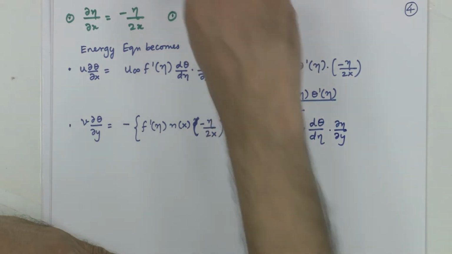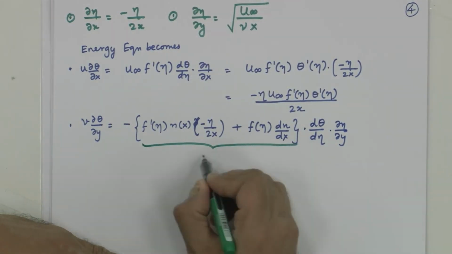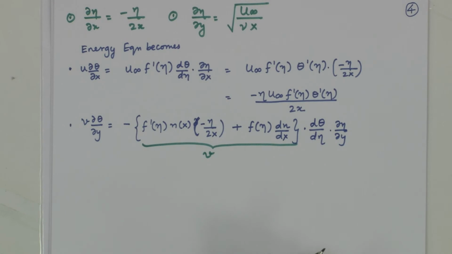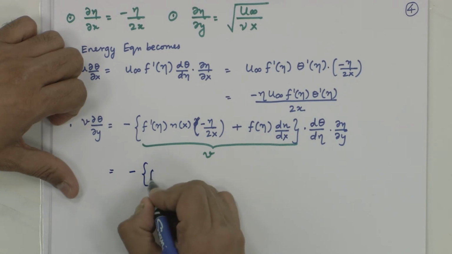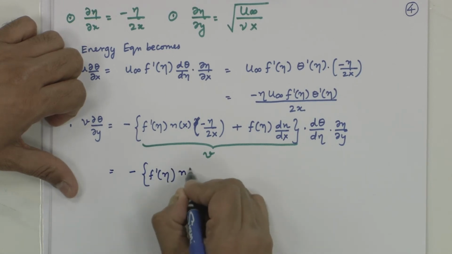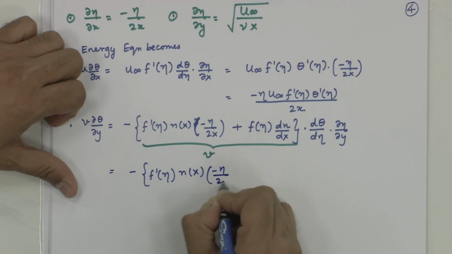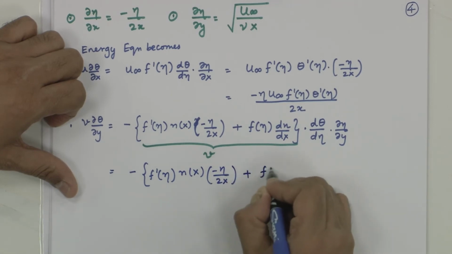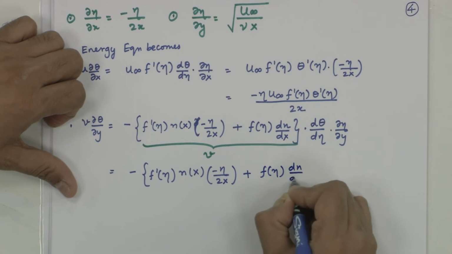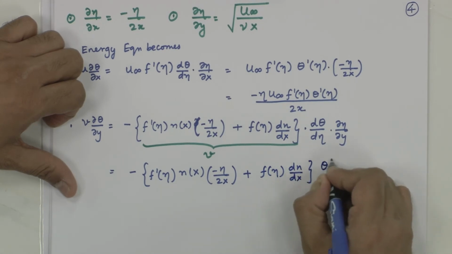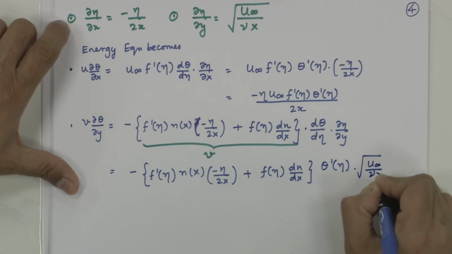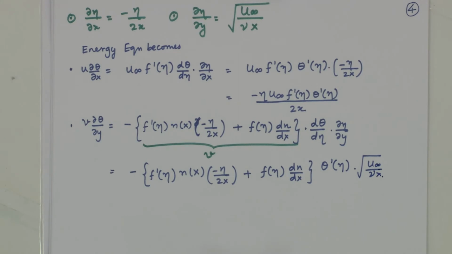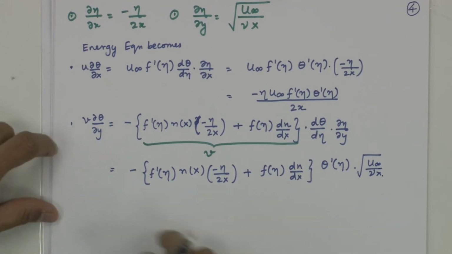So this was my v as it is, and this was my dθ/dy. When I write this, it is going to be exactly this quantity: f'(η) η(x) (−η/2x plus f(η) dη/dx) θ'(η) and u∞/νx. Okay, so this is going to be there.